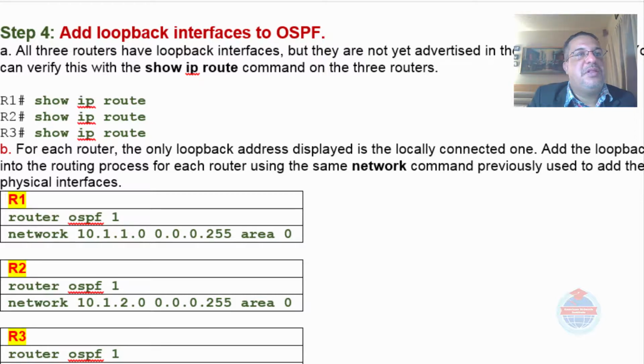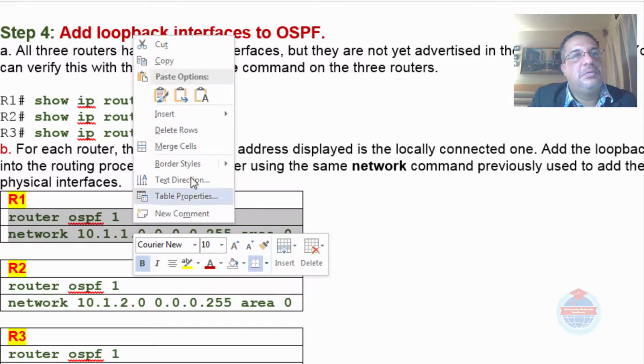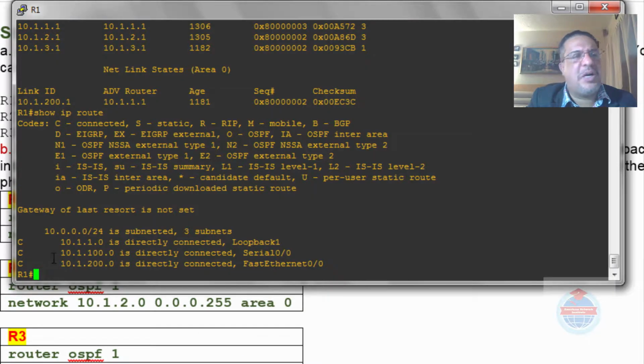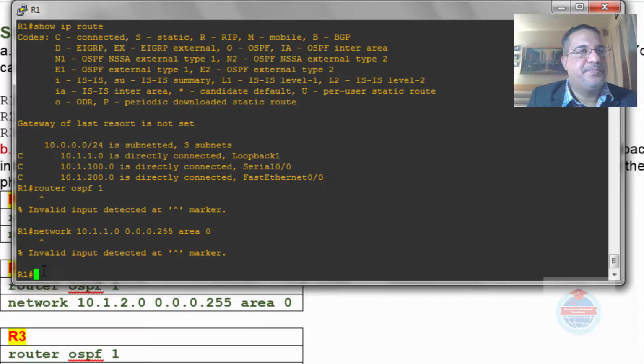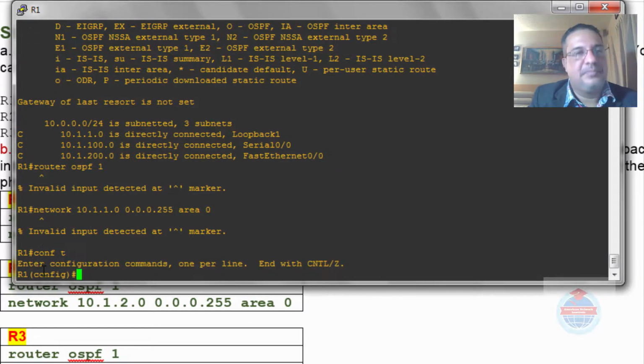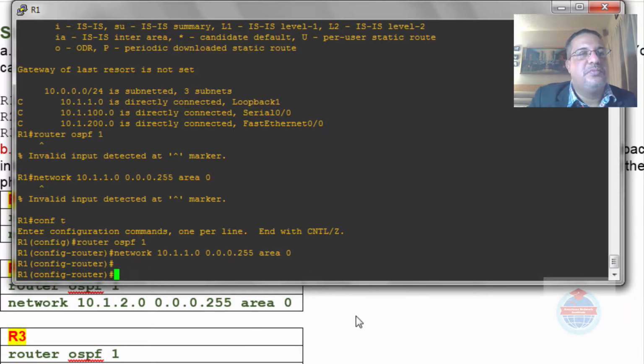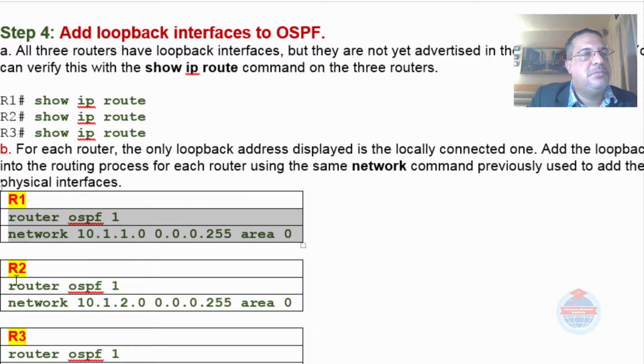Now let's apply the OSPF protocol on the network. I wonder what is going to happen now. This is R1.